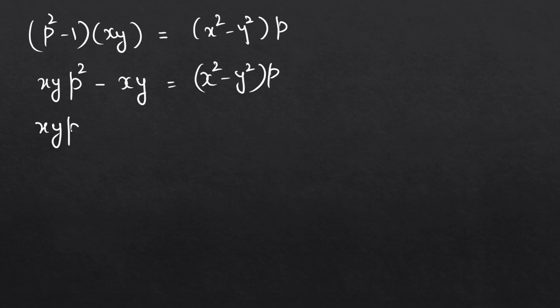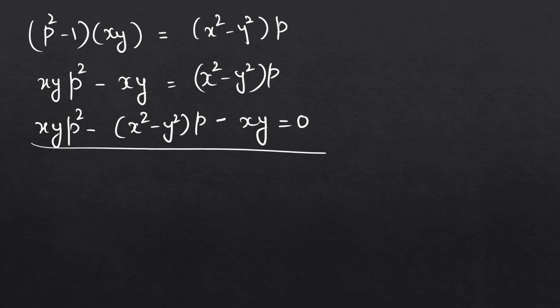So x y p square minus (x square minus y square) into p minus x y equal to 0. Now we can see that it is a quadratic equation in terms of p. And we know that we have to find the value of p. So what will we use? We will use the discriminant method to solve this differential equation.